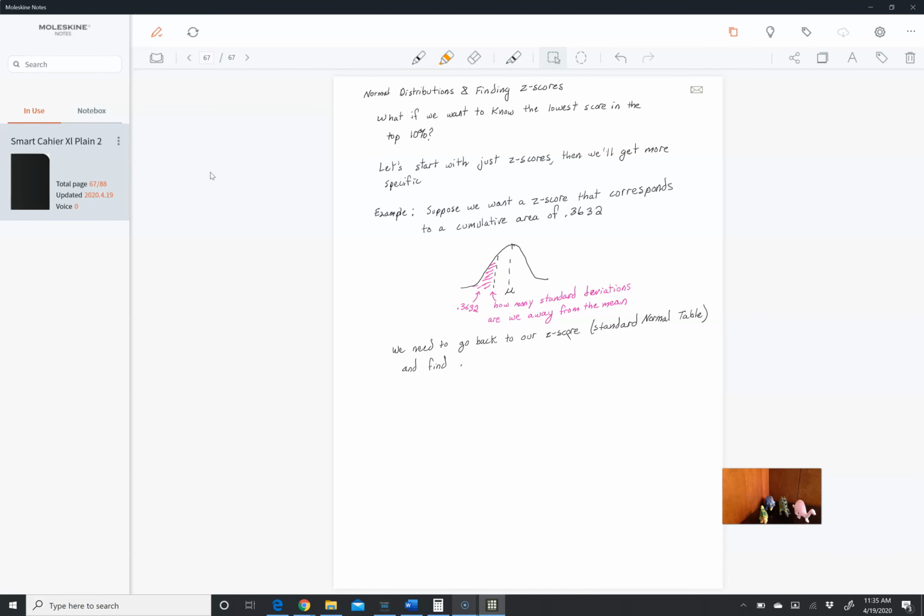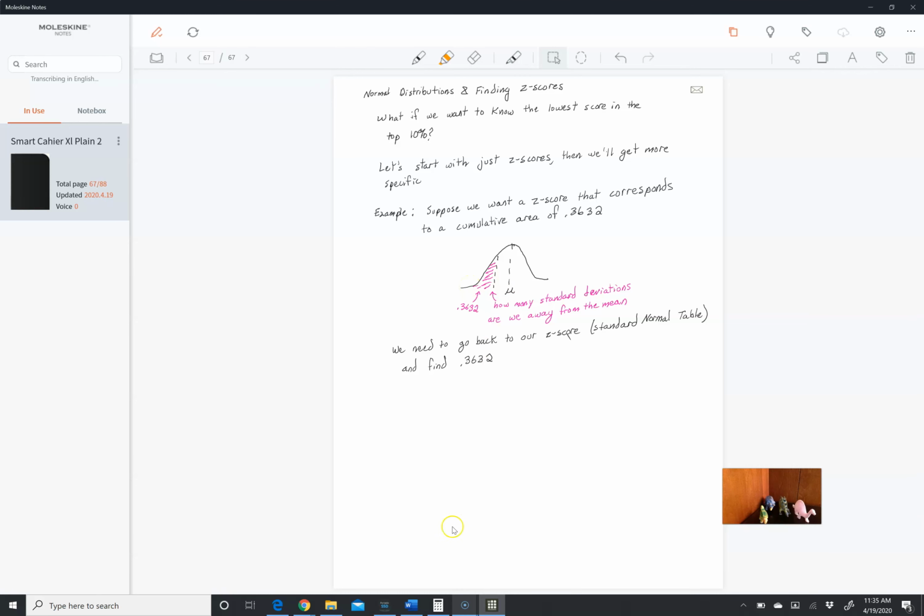And what are we going to be looking for? 0.3632. Now, how can we find this quickly, right? Well, if you notice, I drew the line around here. How did I know it would be around there? Well, we know that once we get to the mean, this area over here is 50%, right? It's 0.5. So if I'm at 0.362, I know that I'm further to the left.